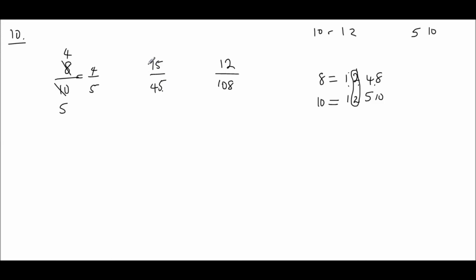Okay. In this case, we use 5. 5 could go into 15 3 times, and 5 could go into 45 9 times. We could still go down further with this. We could say 3 could go into 3 one time, and 3 could go into 9 3 times.